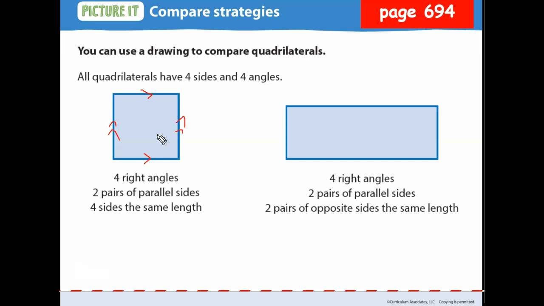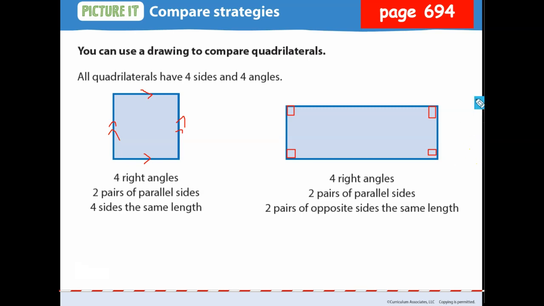Perfect. The rectangle, however, does have 4 right angles, 1, 2, 3, 4, just like a square. It does have 2 pairs of parallel sides. The top and bottom are parallel, the left and right are parallel, just like a square.